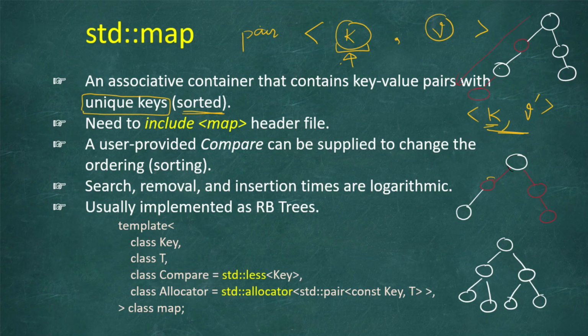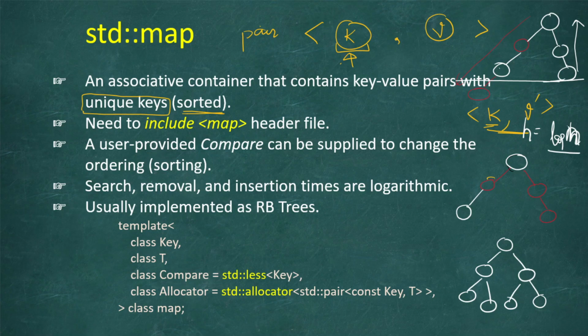So the closest leaf to the root will be the one which has all black, and the farthest will be the one which has alternate. So you can see that it cannot be more than double of this. So it's somewhat balanced, and its height will be of order log n, even this maximum height. Using this, it tries to keep all the nodes within log n distance, where h is the height. So all the operations are logarithmic here.